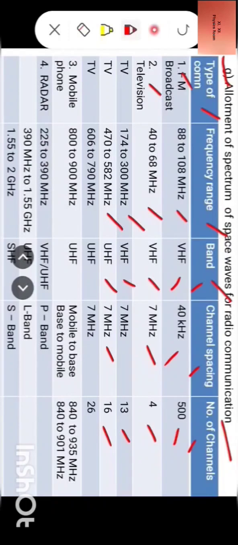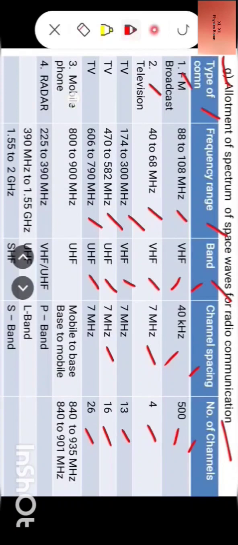Now fourth range of television is 606 to 790 megahertz. Again it is in UHF range. Channel spacing is 7 megahertz, and number of channels accommodated are 26. This is how spectrum of space waves is allotted for operation of television communication.